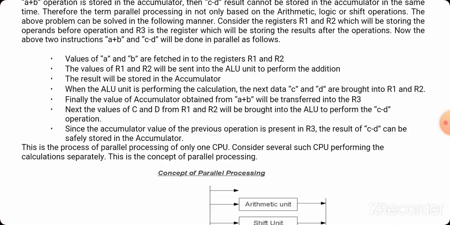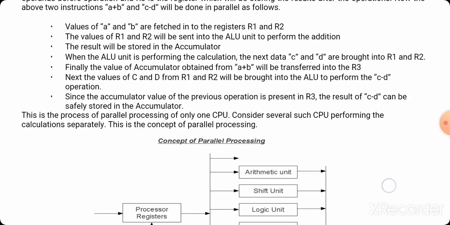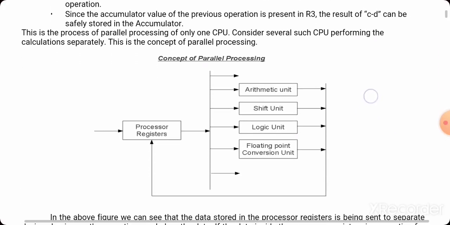The previous operation value from the accumulator is stored in R3, and the C minus D value is stored in the accumulator. So this is the process which works in parallel in one CPU. Many operations will be performed in the CPU, and the calculations will be performed separately.